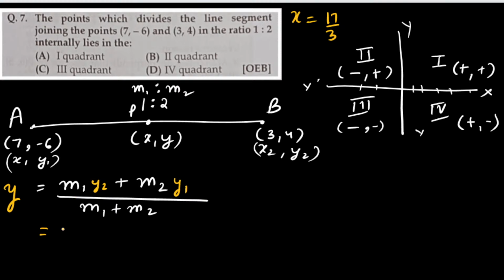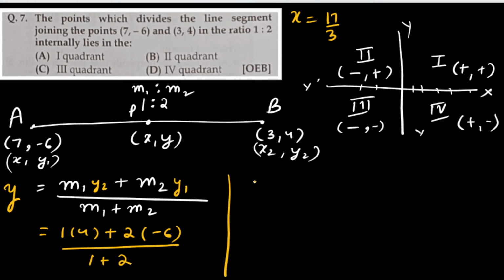So m1's value is 1, y2's value is 4, plus m2 is 2, y1's value is minus 6, divided by 1 plus 2. 1 into 4 is 4, plus 2 into minus 6 is minus 12, by 3.